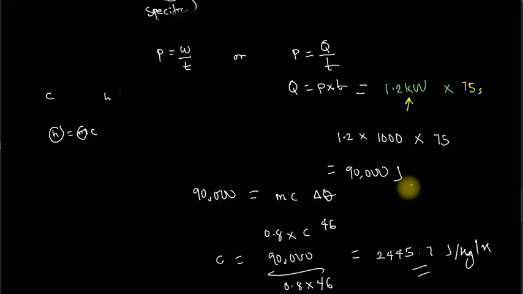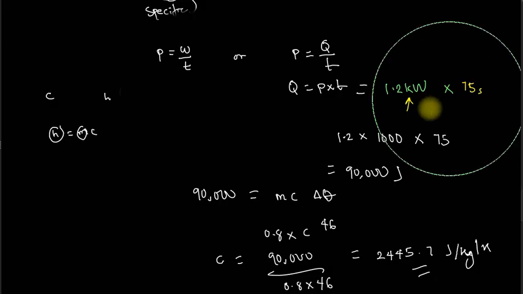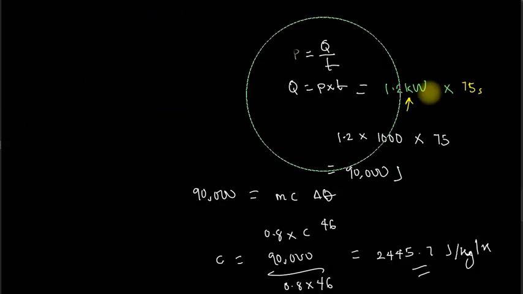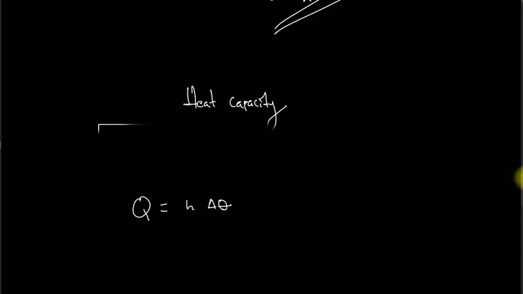Okay, so let's do that. Now, if you could recall the formula, heat Q is equal to heat capacity times change in temperature. You would understand that this is very clear.